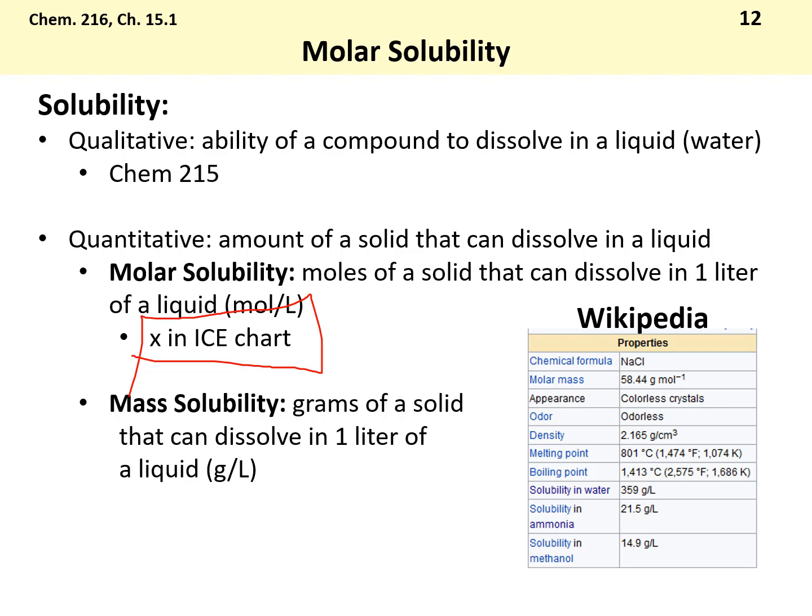This is very useful, right? If I look up on Wikipedia or anything else, you can see this for sodium chloride, or if I type in table salt, I'm going to get all this information, including solubility in water. And notice I can put 359 grams into 1 liter. So if I have 1 liter, I could put in 359 grams of salt and it'll all dissolve. That's a lot of salt, okay?